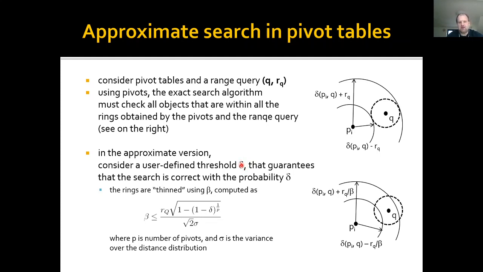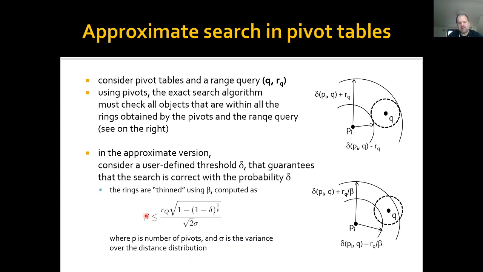And using this parameter and also other parameters, like the number of pivots P, because this is just one but there are multiple pivots of course, there we have delta, the user-defined threshold, then the sigma, which is the variance in the distance distribution, so now it works with the distance distribution, and of course the radius of the query, R_Q.